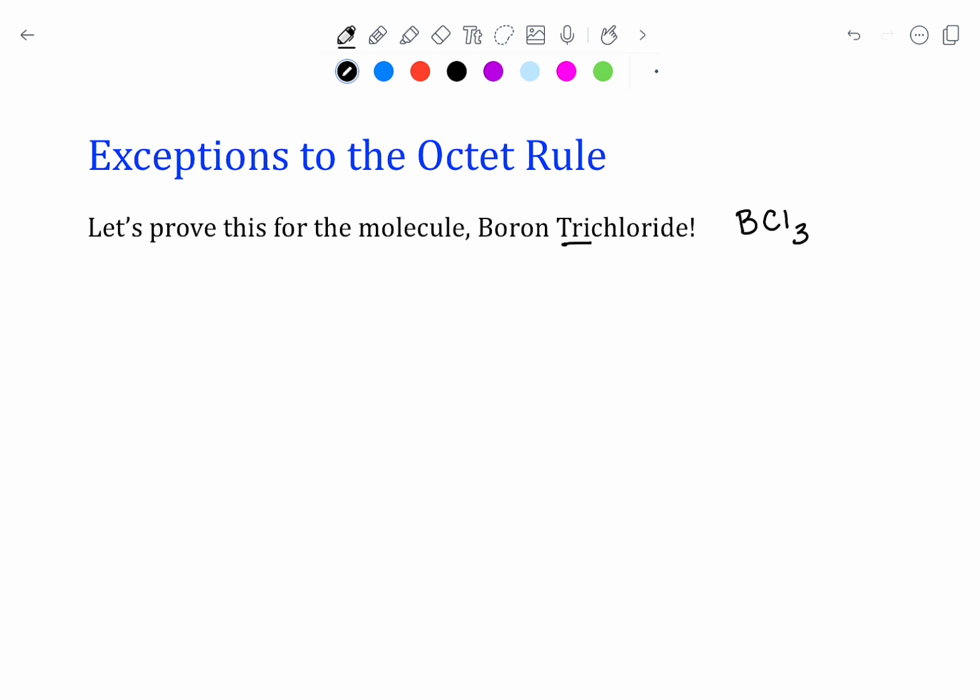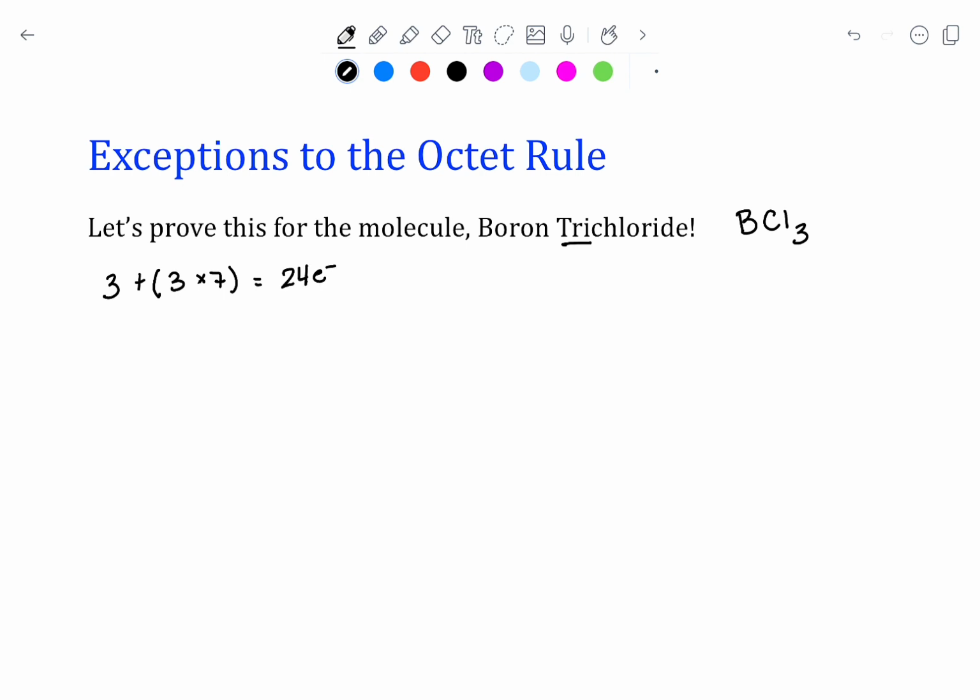So we take our valence. Boron has 3 valence electrons, it's in group 3, plus the 3 times the 7 from the chlorine. Okay, so that gives us a total of, what's that? 24 electrons to work with.